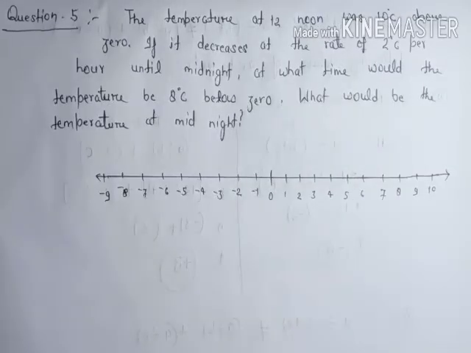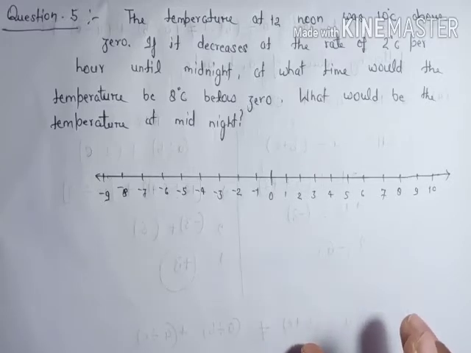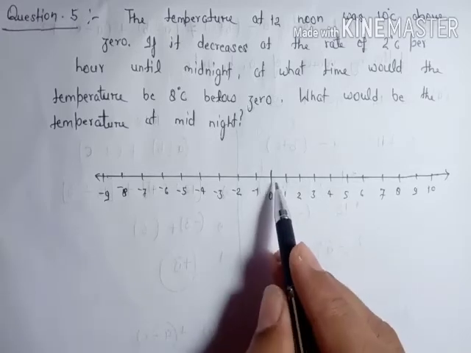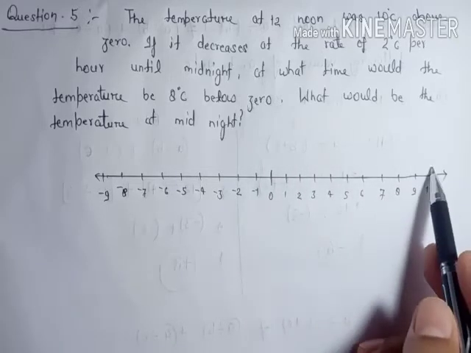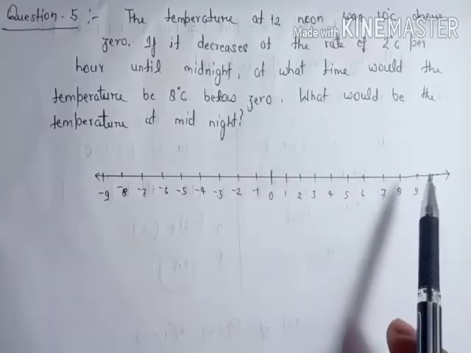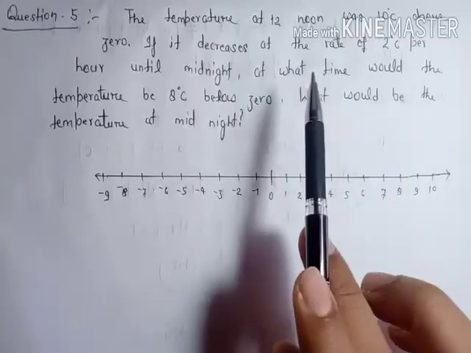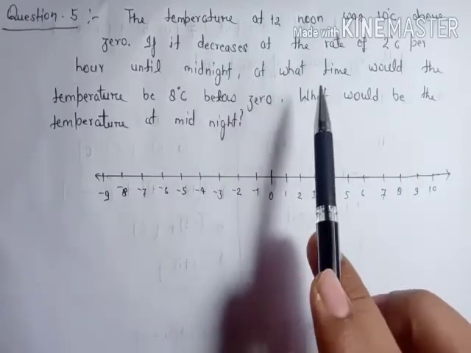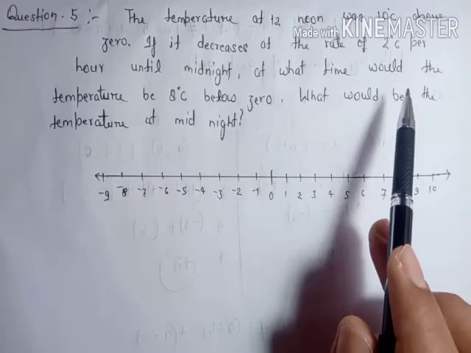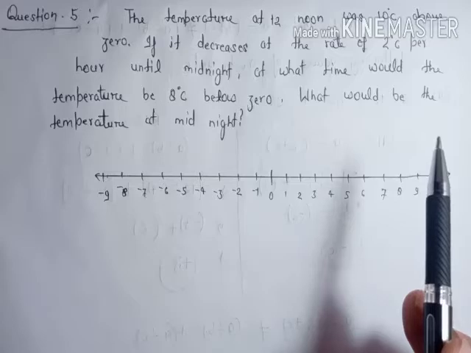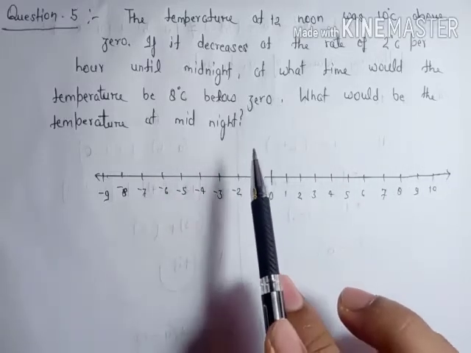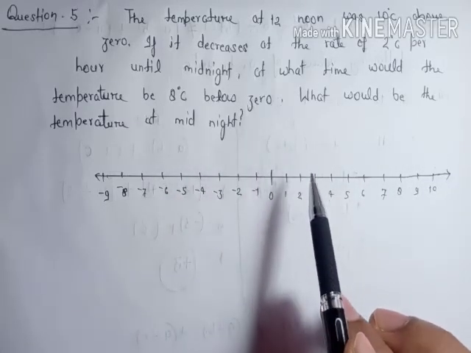In question number 5 you are given that the temperature at 12 noon was 10 degrees centigrade above 0. This is 0, and the temperature was above 0, 10 degrees centigrade, means the temperature is this. And when? At 12 noon. So if it decreases at the rate of 2 degrees centigrade per hour until midnight, at what time would the temperature be 8 degrees centigrade below 0?